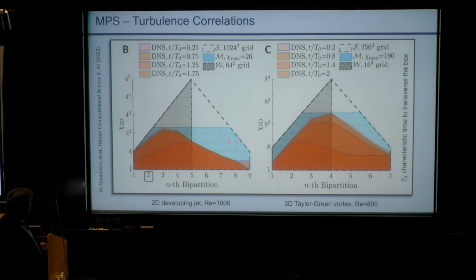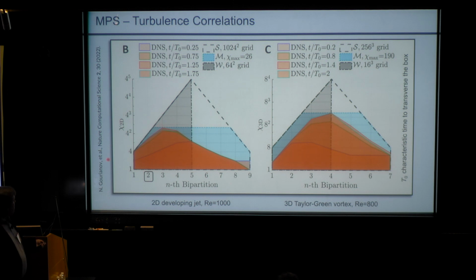I look at the bond dimension I need to faithfully represent this kind of fluid flow. What I find is that this fluid flow is pretty low in bond dimension. So I can chop off this whole top of this pyramid without any substantial loss of accuracy. In particular, the blue line here chops off a large fraction of the possible space that you might need, and still leads to a loss of accuracy of just 1%.